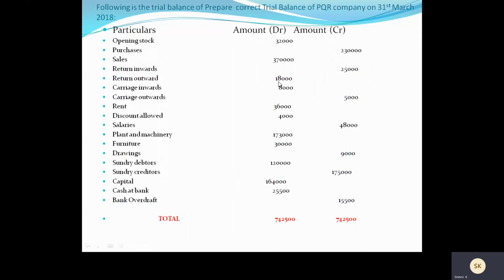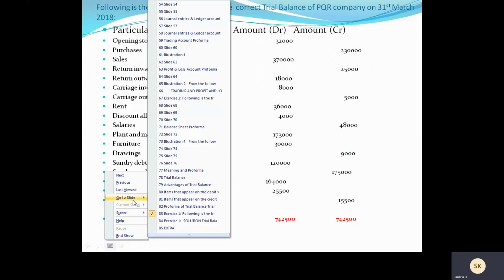Return outwards, it was correctly posted here, 18,000, it is correct. Carriage inwards is also correctly given here. And carriage outwards was given in the credit amount column, that you need to bring here, 5,000. Even if it is correctly posted, that also you are going to show here. So one by one, 3 items I am going to show in the answer.